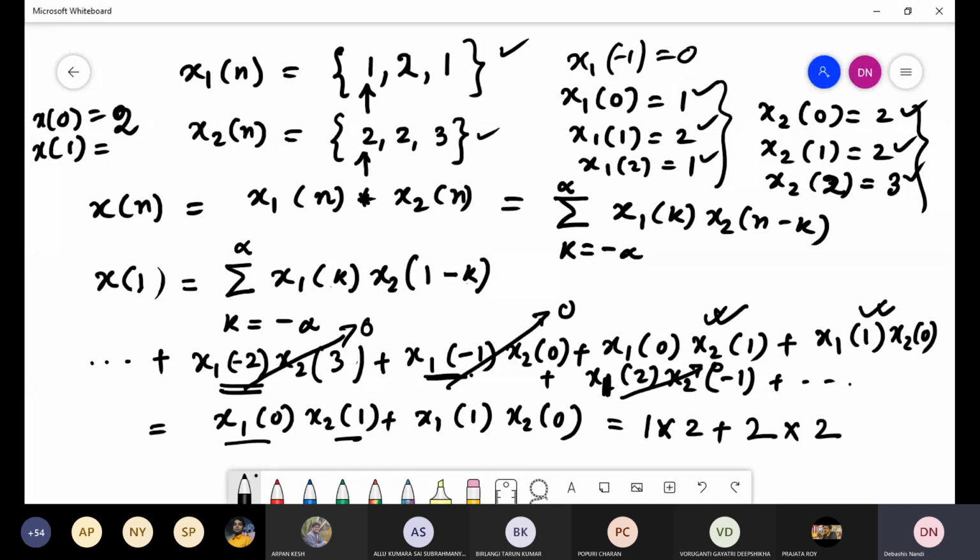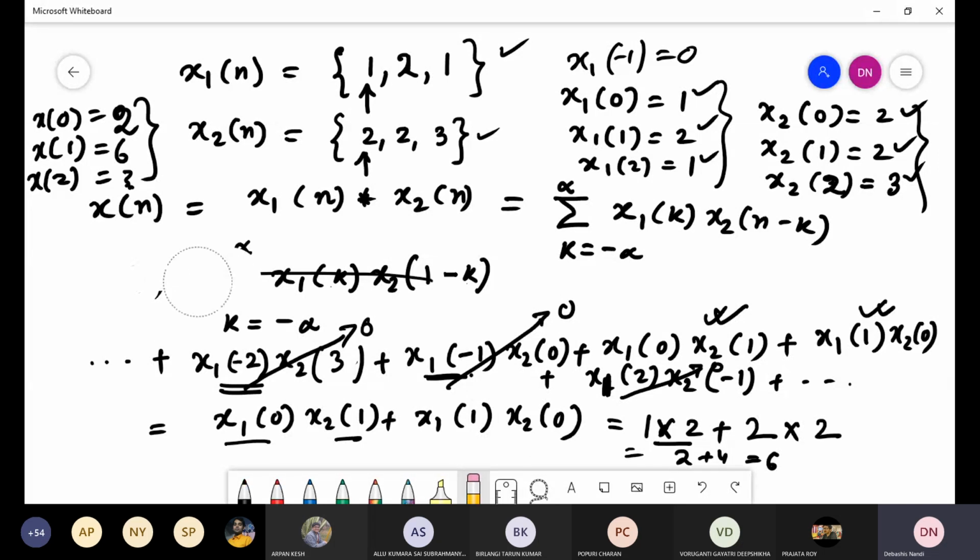So this is equal to 2 plus 4, so this is 6. That means this result will be 6. Then you can find out x2. So you just perform the summation operation in this way. For different values of n, you can find out the values of the resulting signal.